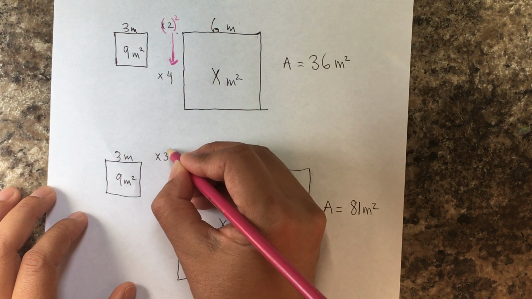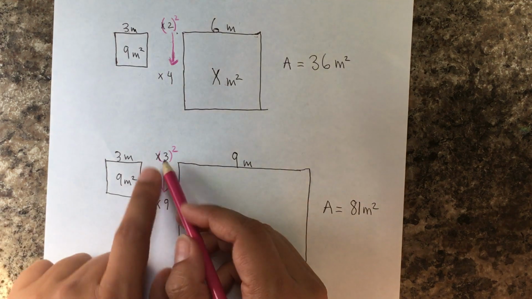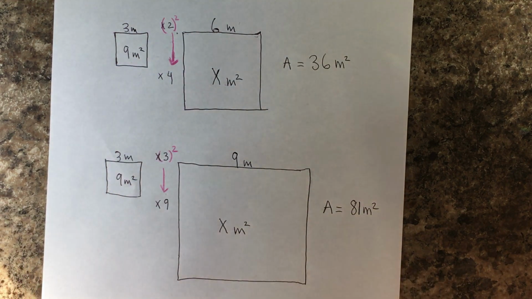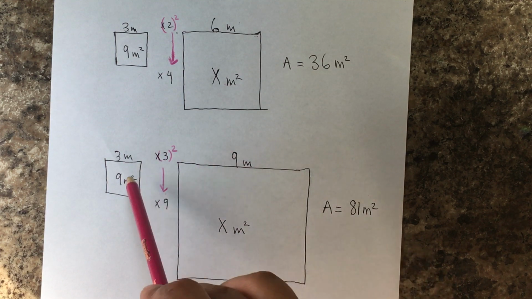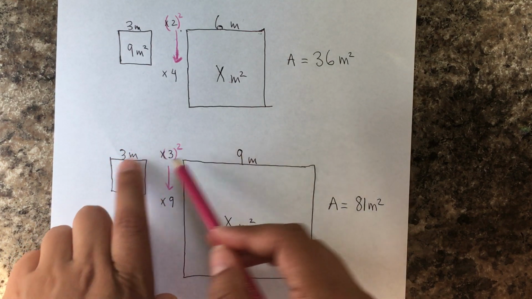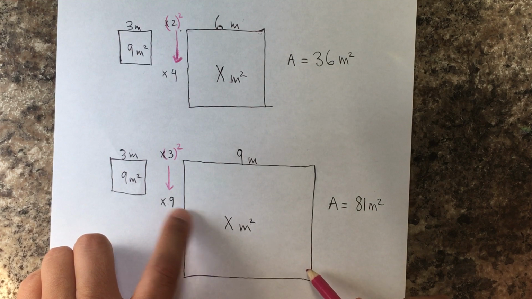If this is times 3, then we square that, and that's the relationship. 3 squared is 9, so that's the number that we're going to use to multiply to get this area. Okay? Again, these are length to length and then area to area. So for the length, you multiply by 3. For the area, you multiply by 3 squared.